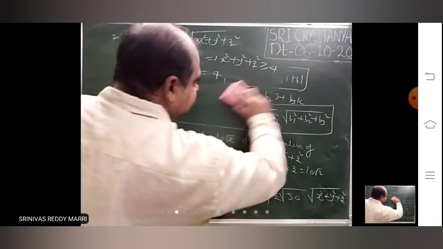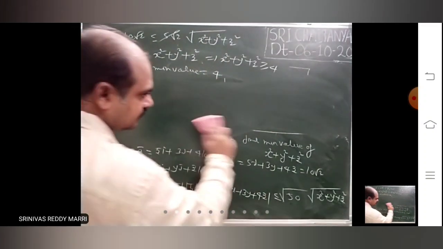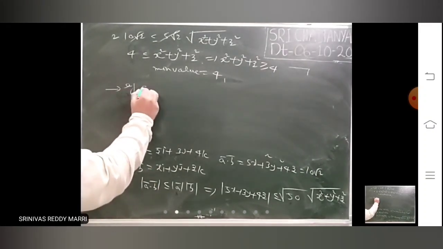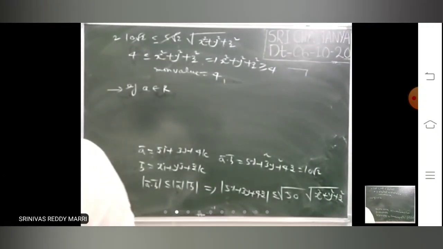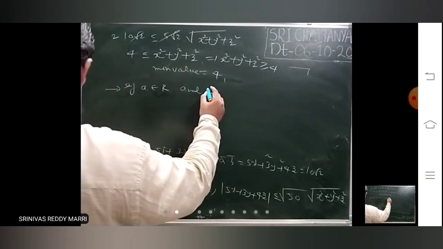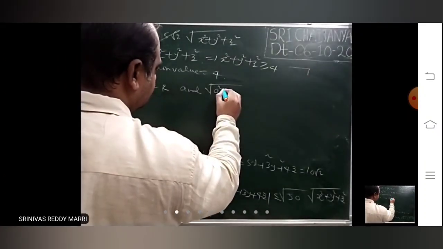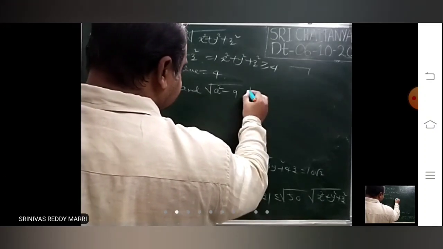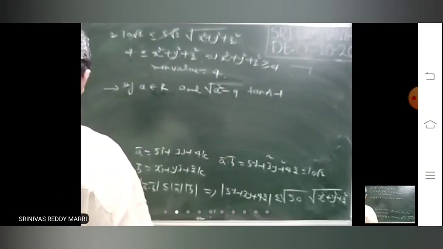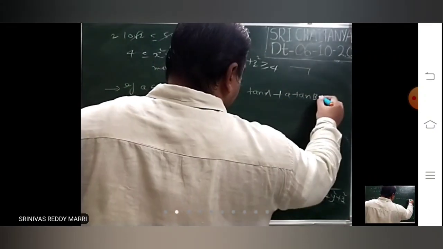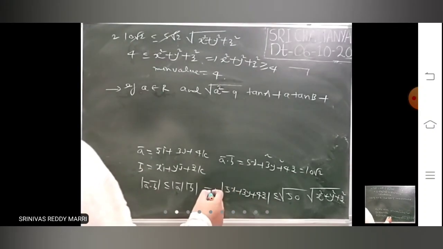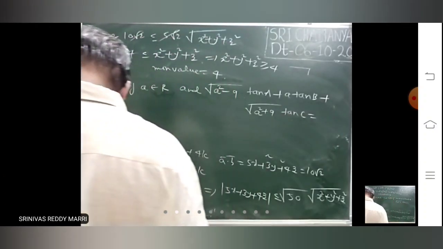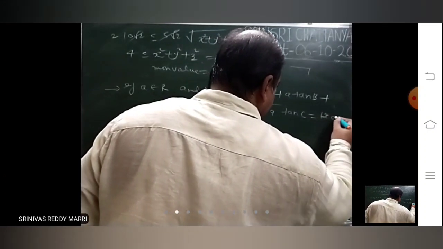Look at next, another model of this. If a belongs to R, real number, and root of a square minus 9 tan A plus a tan B plus root of a square plus 9 tan C equals 12a.